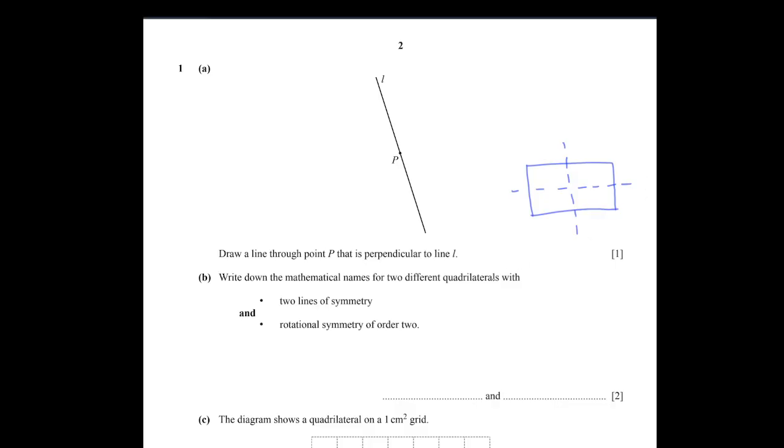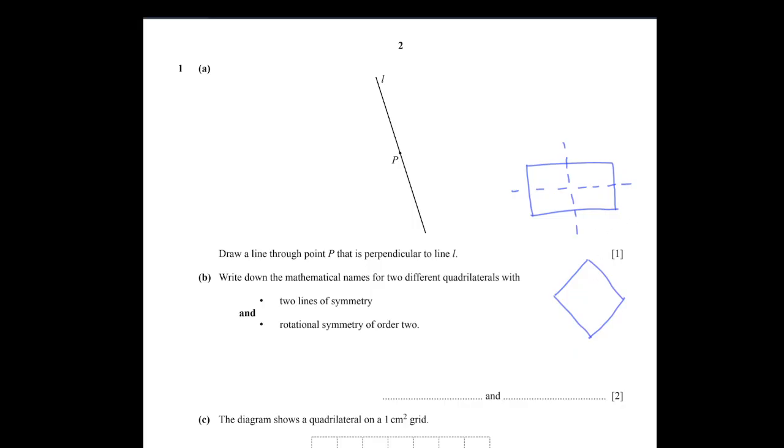And for the rotational symmetry we have to check the rhombus. Now if I take a rhombus and rotate it, it will have order 2. I mean, you can take a side, rotate it once, then rotate it a second time, and it will look the same.